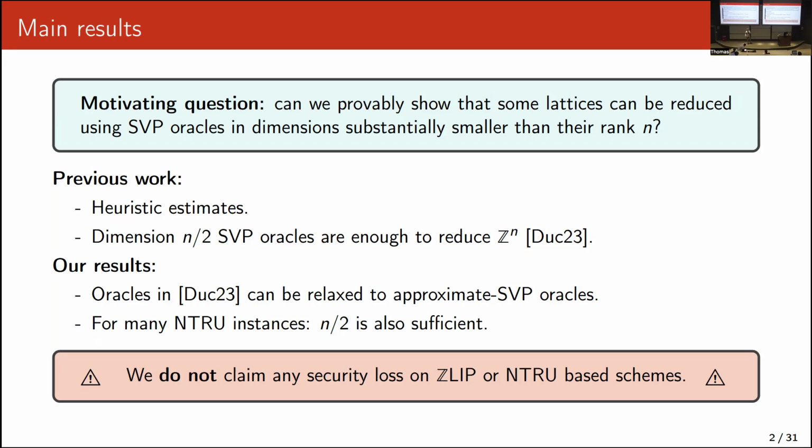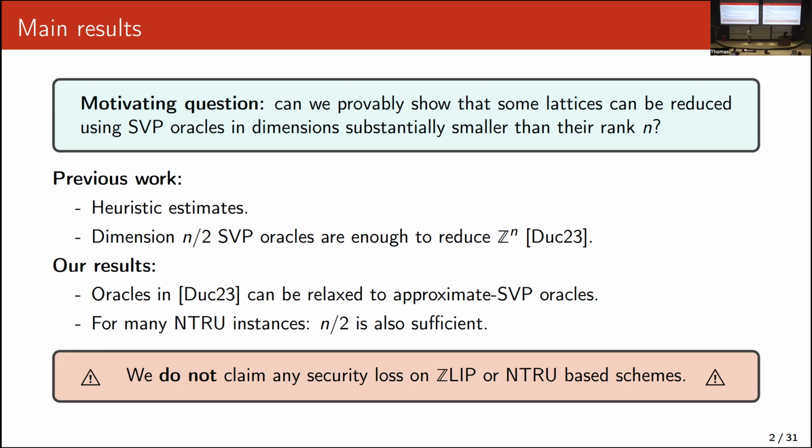Previous work includes a lot of heuristic estimates, obviously, because BKZ works exactly by using these SVP oracles in smaller dimensions, as well as a recent result by Leo Ducas that dimension n/2 SVP oracles are enough to reduce the integer lattice. So our results include an extension of Leo's work, where we relax the approximation factors in the SVP oracles by a constant margin.